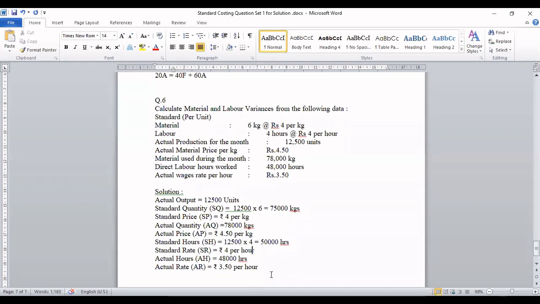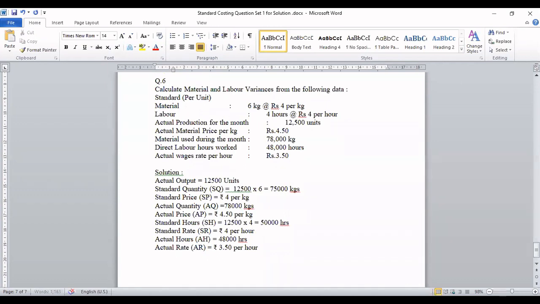Okay, fine. Now we can find out all the variances. First we'll find out the material variances. The first variance is material cost variance, which is my MCV.